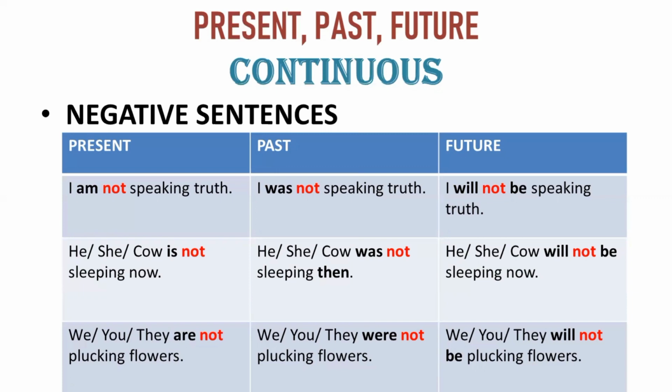Similarly, in past, after was and were, we have added not. In future, you have to be a bit careful because sometimes students add not after be, which is the wrong expression. So you have to use it after will.